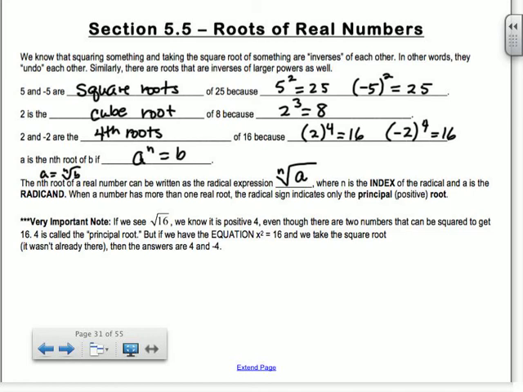So the part under the radical sign is the radicand. I'll usually just refer to these as what root and what's inside the root. I don't usually call it the index and the radicand because I think most people usually forget what that is.